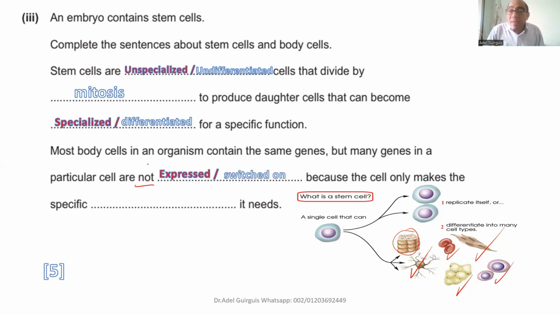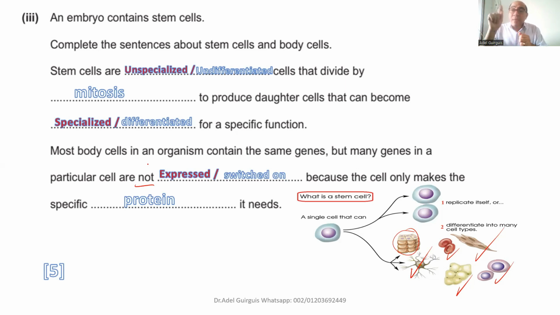Because the cell only makes the specific protein it needs according to the speciality or the differentiation of the cell. Say, certain cells in the pancreas produce insulin. The gene for insulin in this pancreatic cell is switched on.